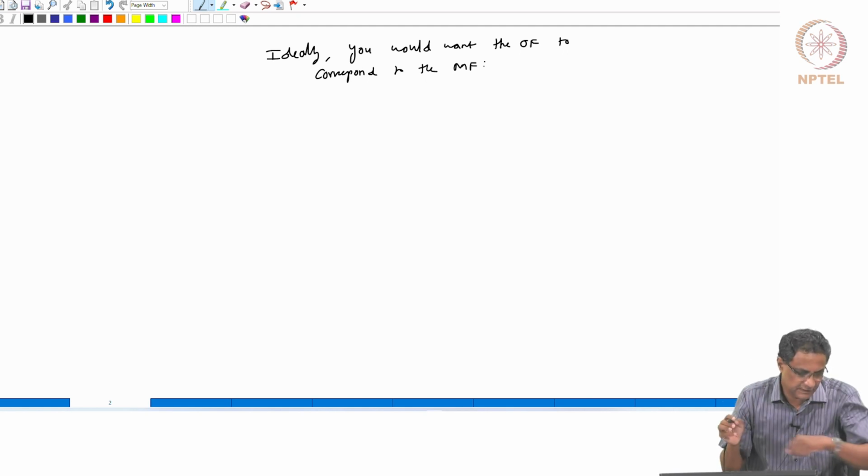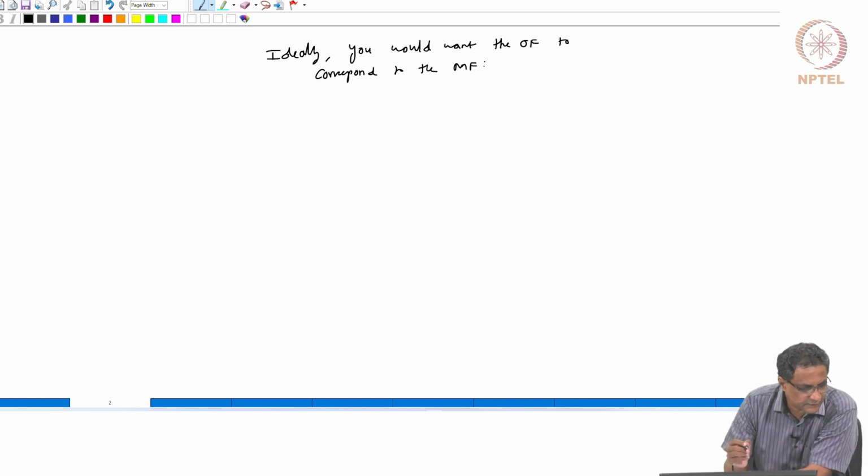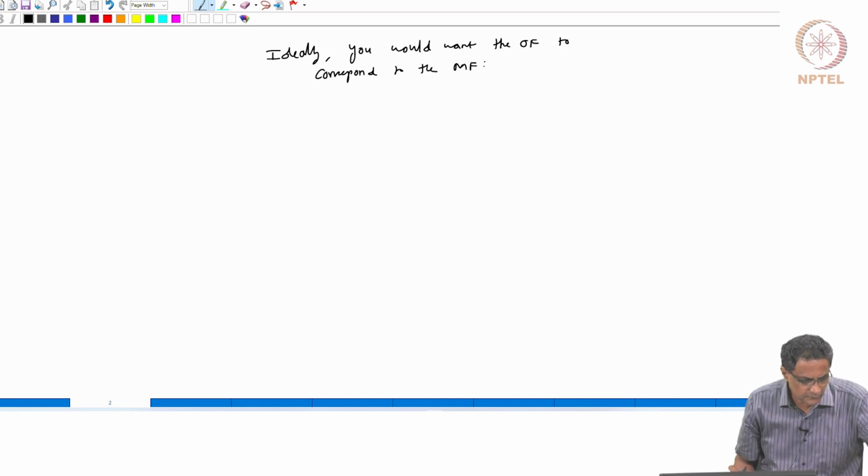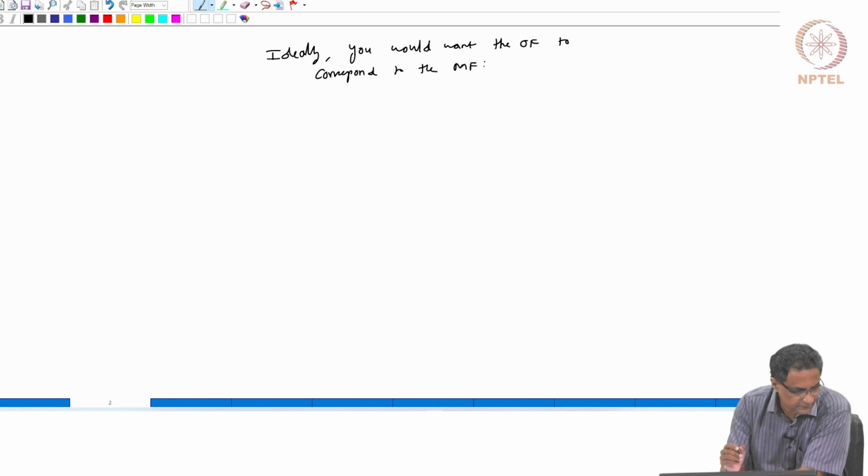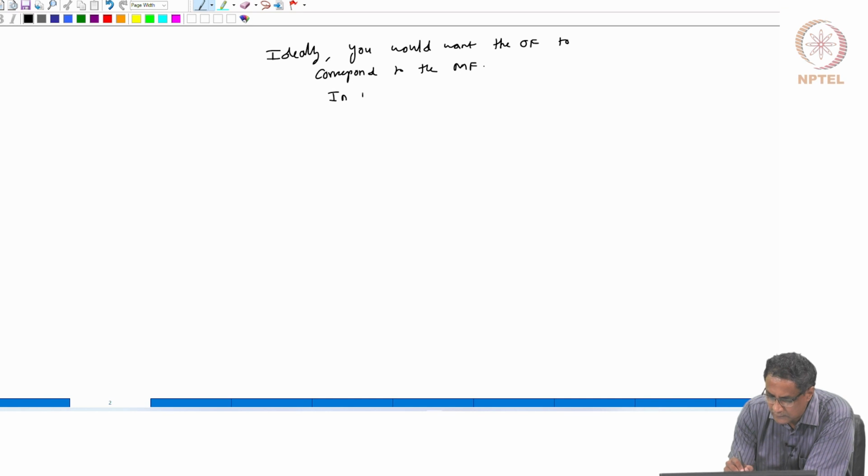So in most situations, the optical flow corresponds to the motion field.